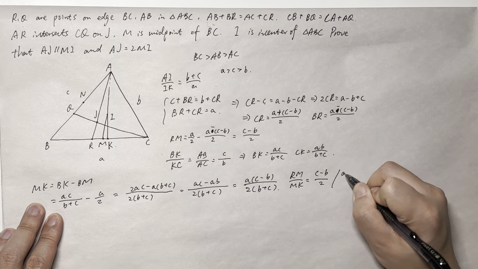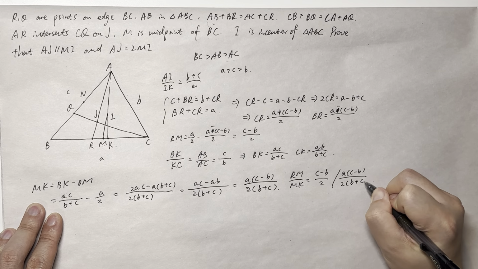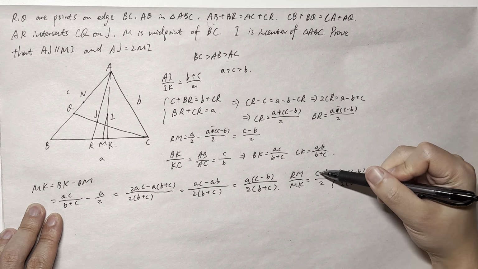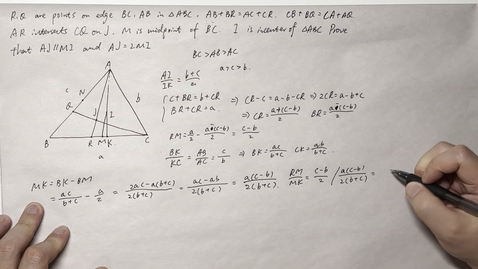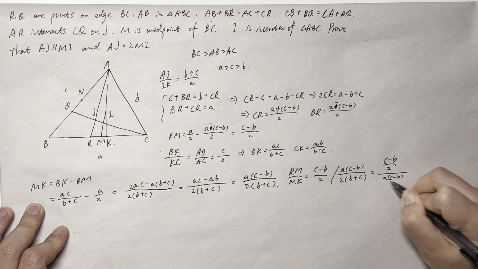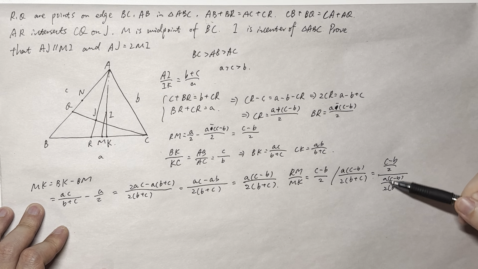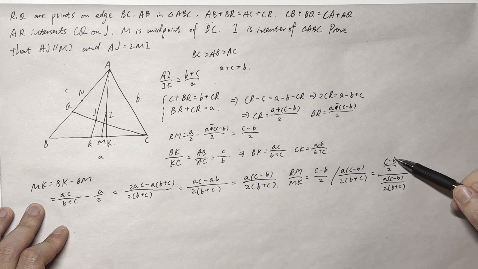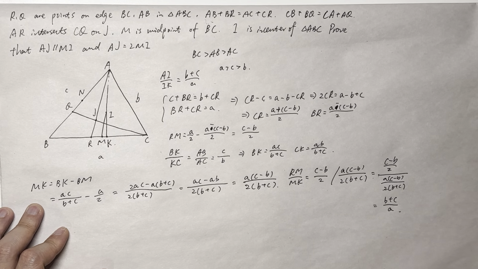MK is AC minus AB to B plus C. So you can see that, maybe I reform this one, C minus B divided by 2 and AC minus AB divided by 2 of B plus C. So you can see these two are cancelled, and C minus B and C minus B are cancelled, and this B plus C flips to the denominator, which is B plus C divided by A, right?